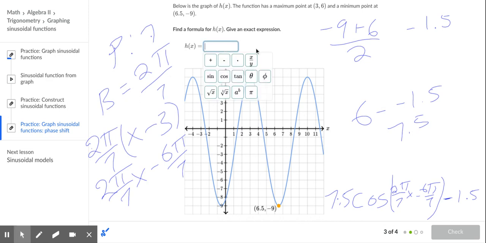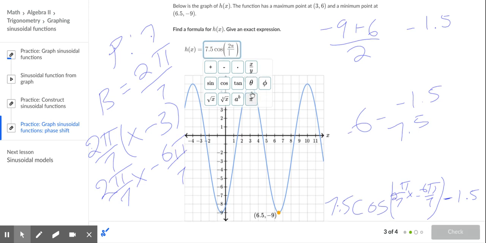So I have 7.5, my amplitude, cosine of 2 pi over 7x minus 6 pi over 7, minus 1.5.